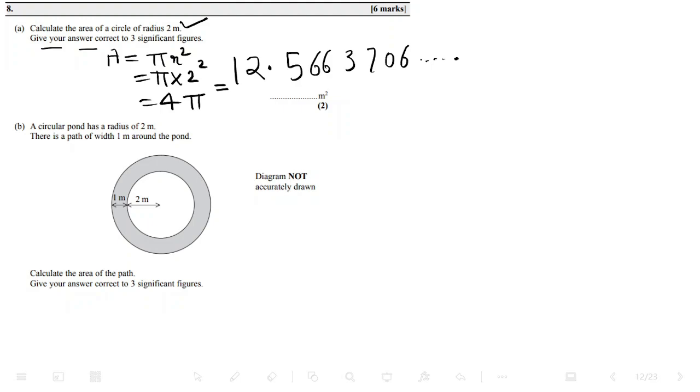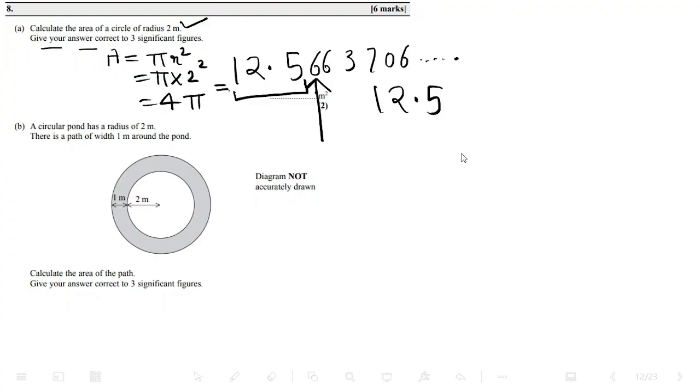We have to find the three significant figures. This is a very interesting point. We look up to 12.5, but the next digit is greater than 5, right? So we simply add plus 1, and the answer is 12.6, and this is the answer for part A.